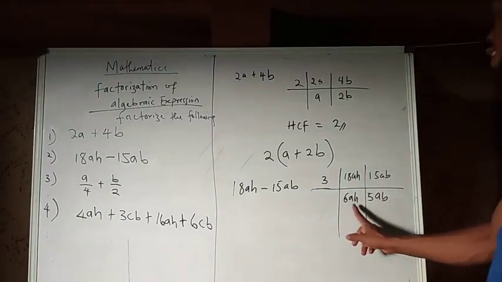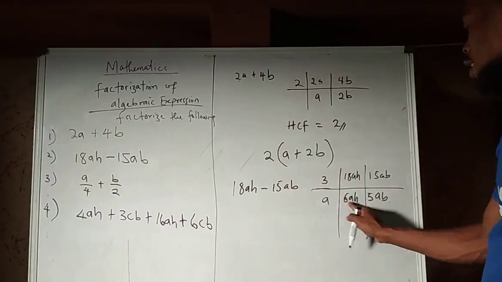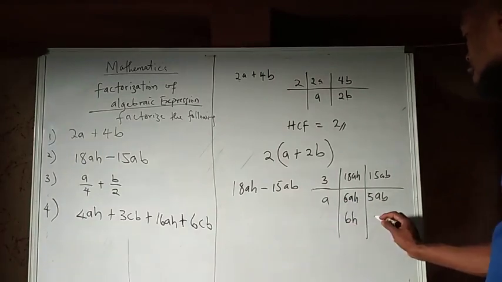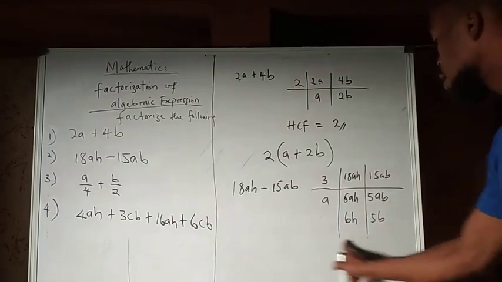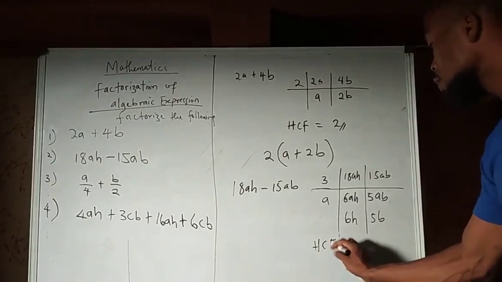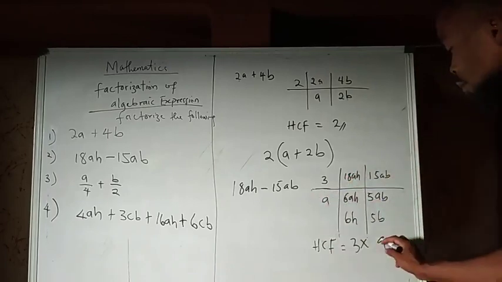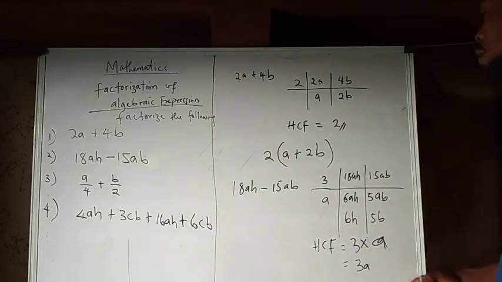Again, what can divide both of them? I know a can divide both of them. 6ah divided by a gives me 6h, and 5ab divided by a gives me 5b. So my highest common factor is 3 times a, which is 3a. That's the highest common factor of 18ah and minus 15ab.